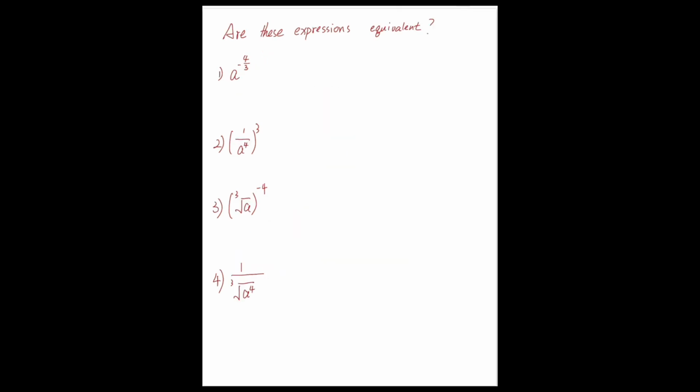Let's try to find out if these expressions are equivalent. So number 1 is the simplified form, so we don't need to change anything. For number 2, we can change the exponent to a to the negative 4, and then raise to the 3rd power, and it's a to the negative 12.